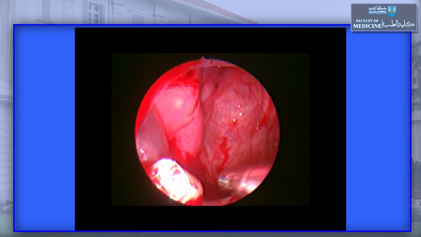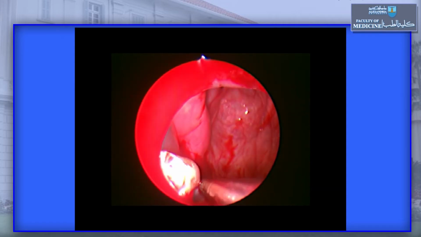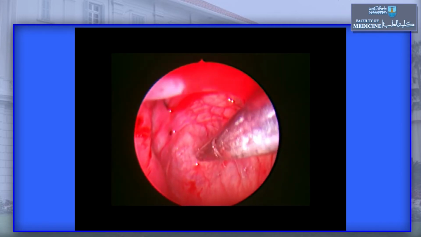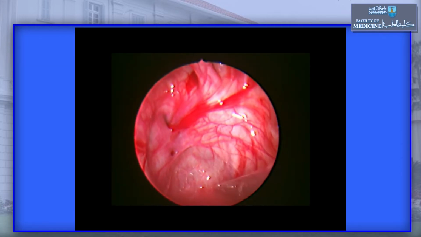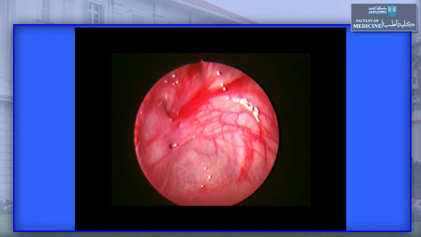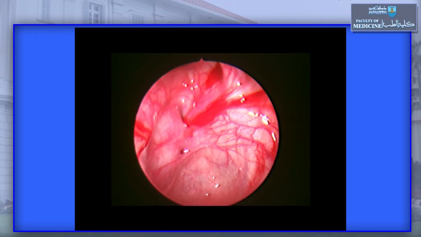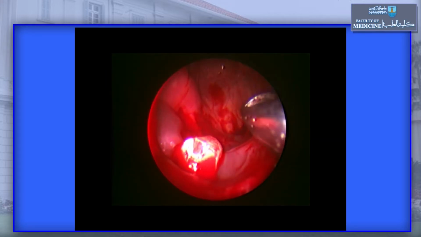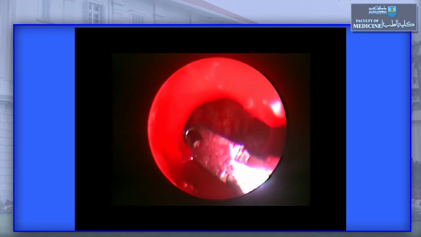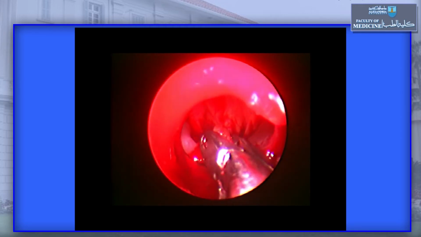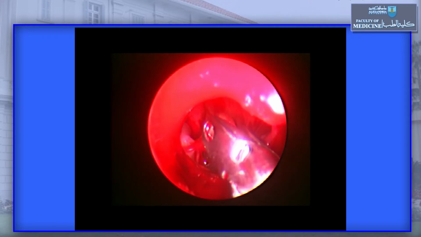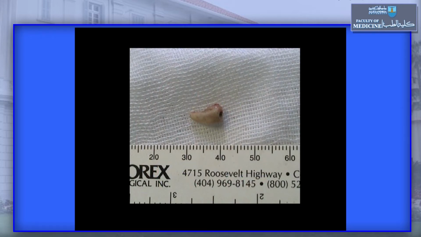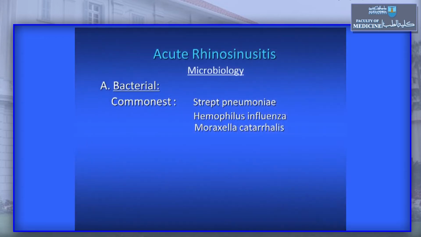Here, the infection starts in the maxillary sinus so long as there is a foreign body, which is a broken root in the sinus, and in order to help resolve the infection in such a situation, the broken fragment should be taken out, as we can see in this clip. This is the broken root that started the infection.